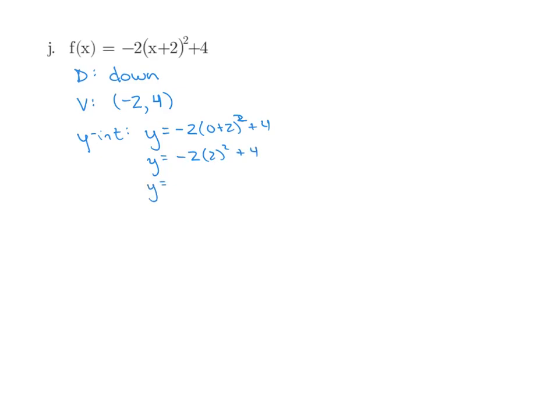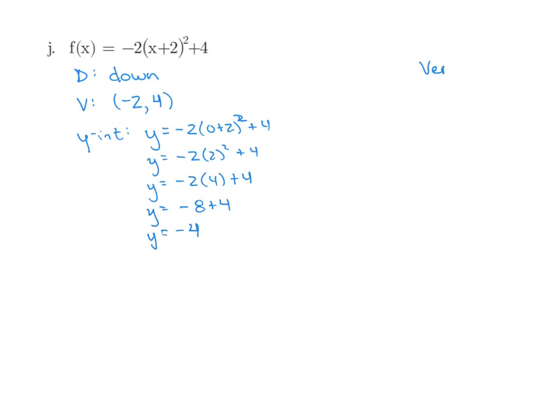We square. We get negative 2 times 4 plus 4. We multiply. We get negative 8 plus 4. And negative 8 plus 4 is negative 4.